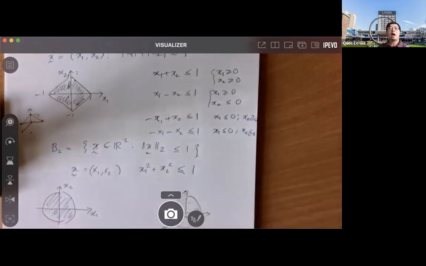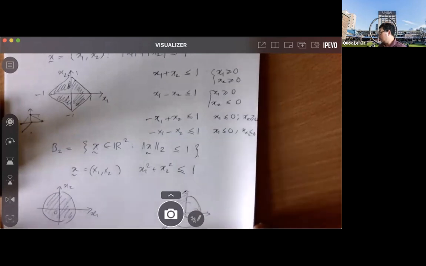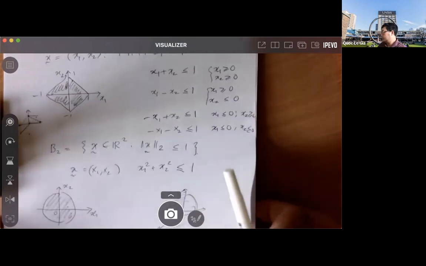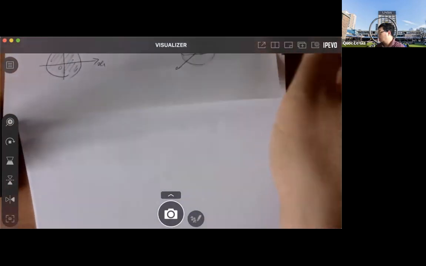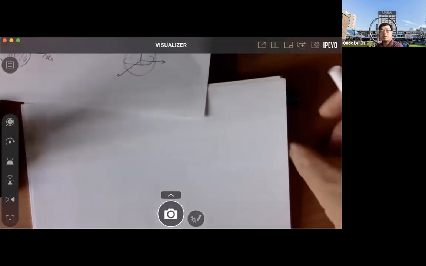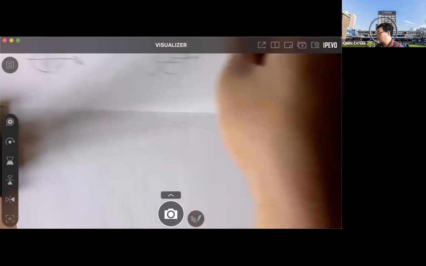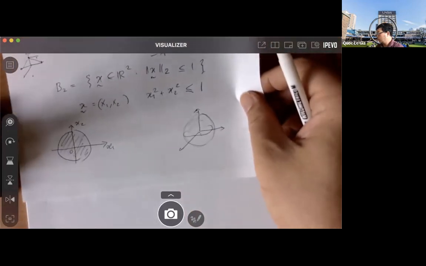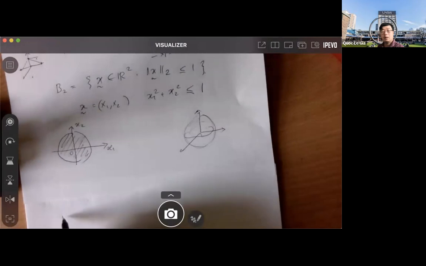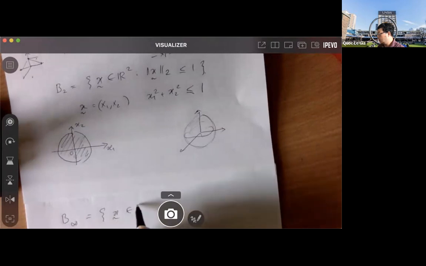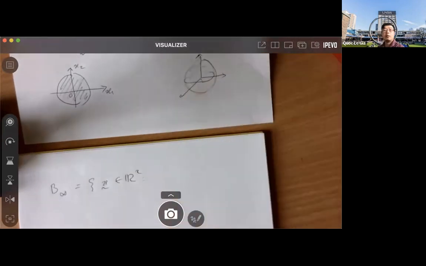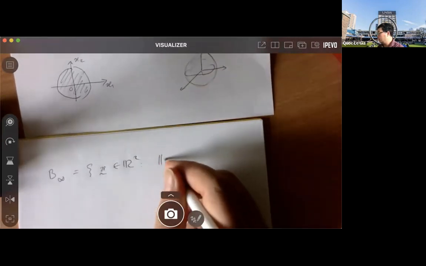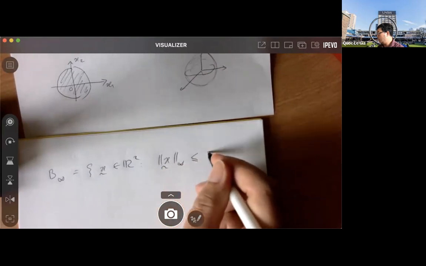And now the last case will be the infinity norm. So now if we change the norm again, the last one will be to take B infinity, which is x in R2, and the infinity norm of x is less than or equal to 1.